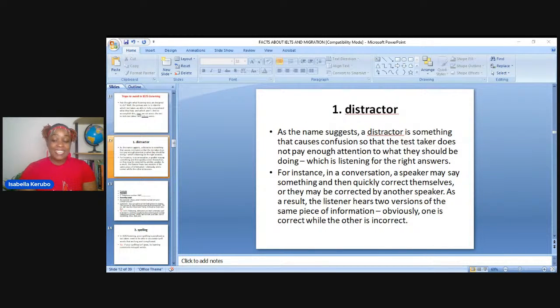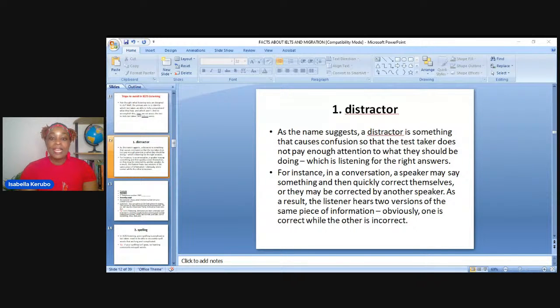Those are the things where you will hear people saying something and correcting themselves. So that is the first trap, and you really need to be very, very attentive.